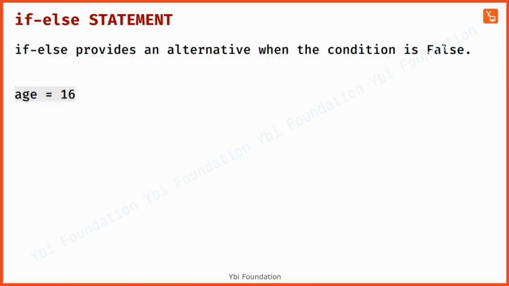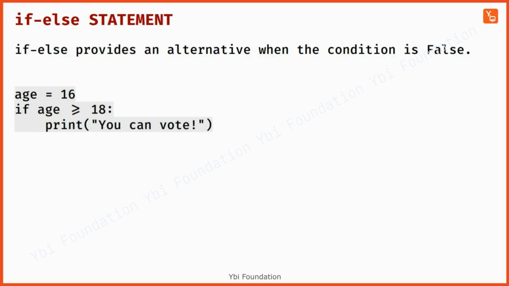If age is greater than or equal to 18 colon, with indentation print you can vote. We clearly see that the age of the person is 16, which means the if condition is false. If we leave the code here, the if block will not give us any output.